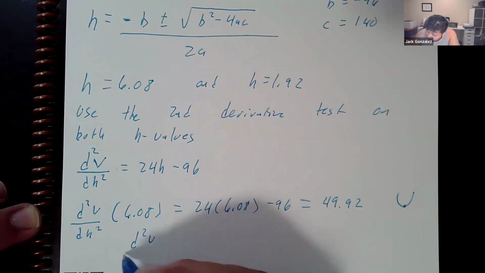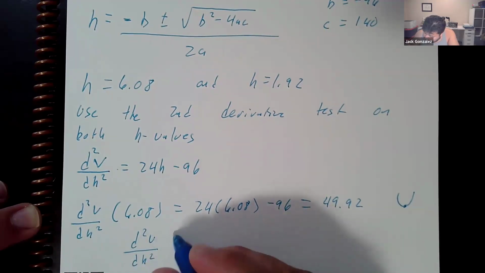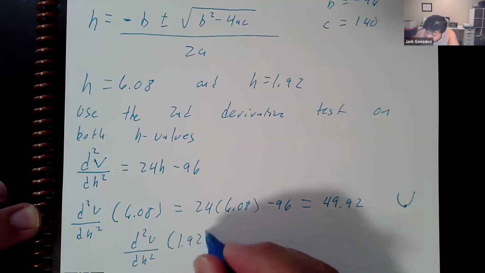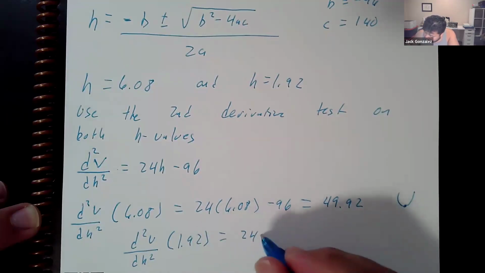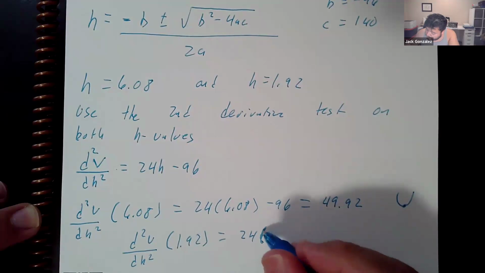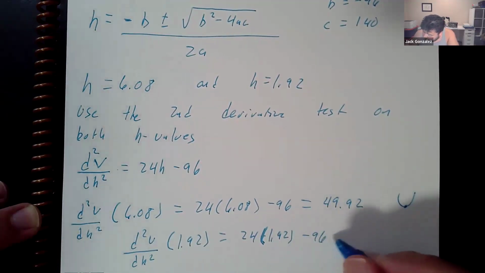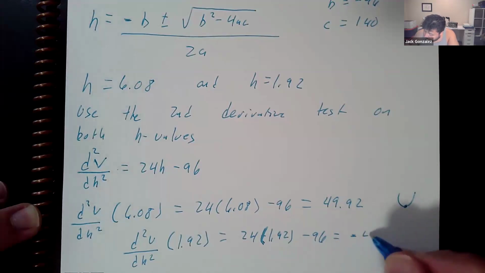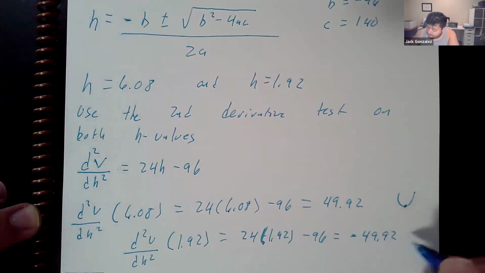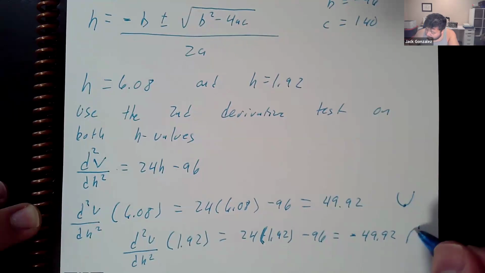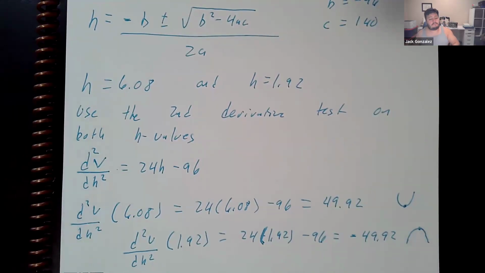Second derivative at 1.92 will be 24 times 1.92 minus 96, which is negative 49.92, which is concave down.